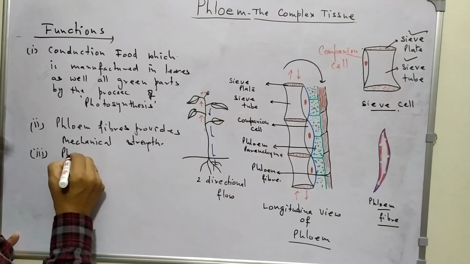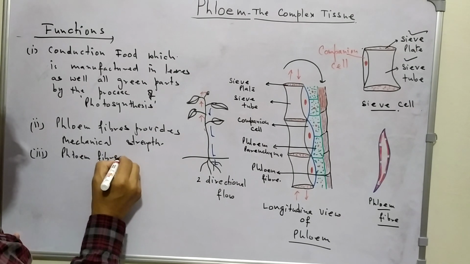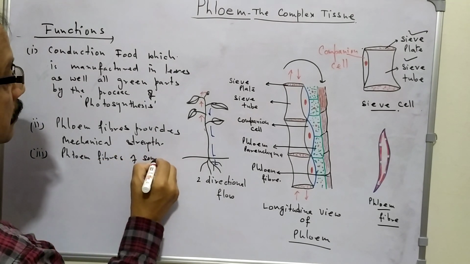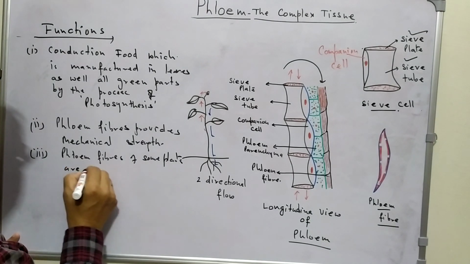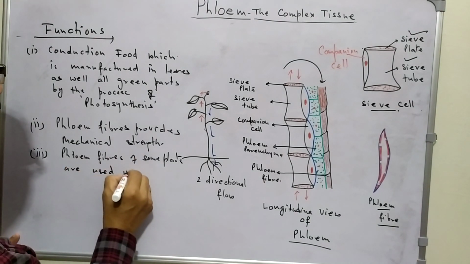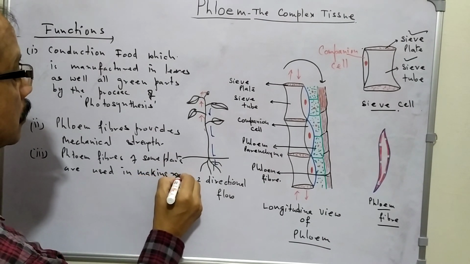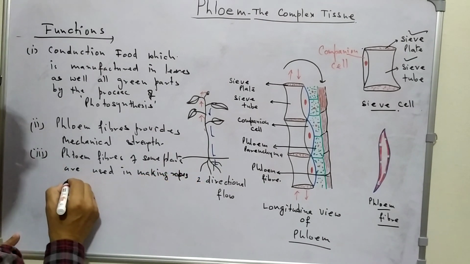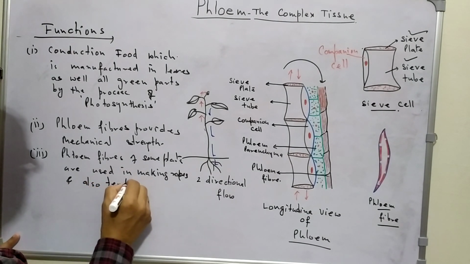Phloem fibers of some plants are used in making ropes and also textiles.